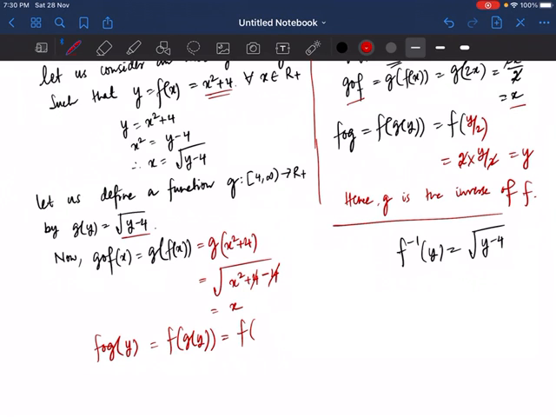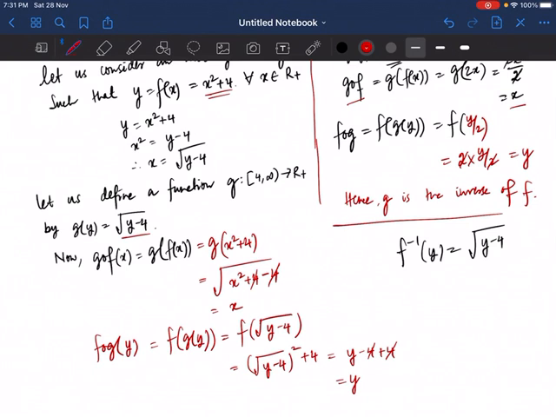So let us write in there root over of y minus 4. And now fx function was x square plus 4. So f of root over y minus 4 will be what? In place of x you write root over of y minus 4. So what I get is root over of y minus 4 whole square plus 4. So we have y minus 4 plus 4. This cancels and you have y.